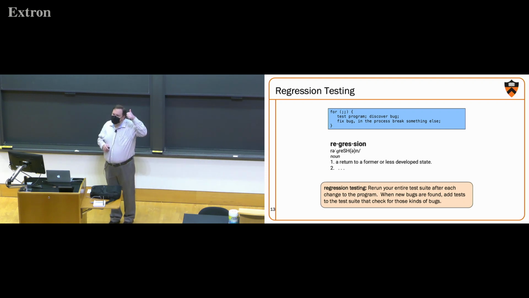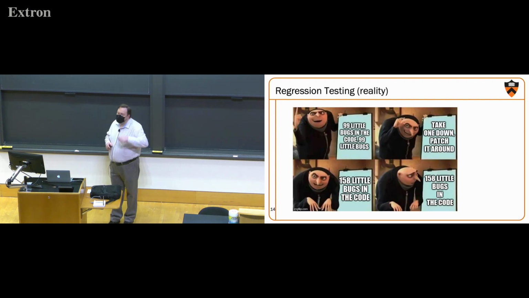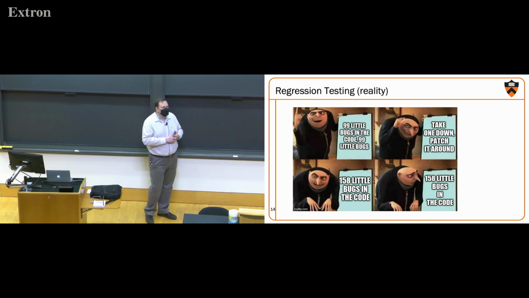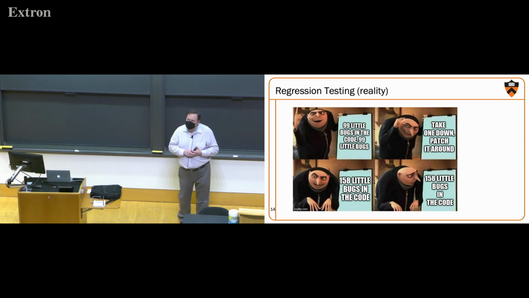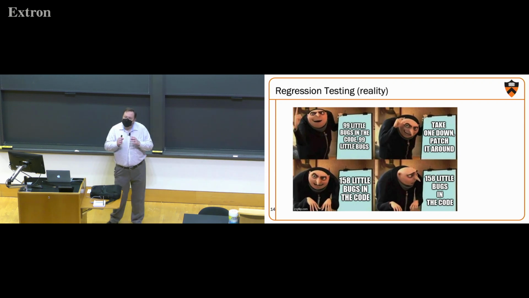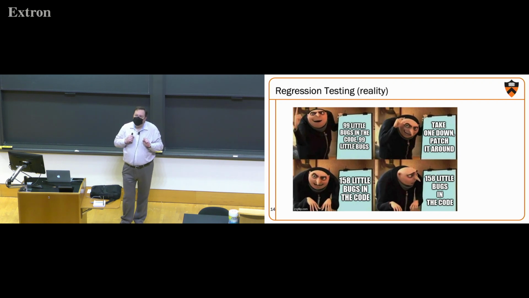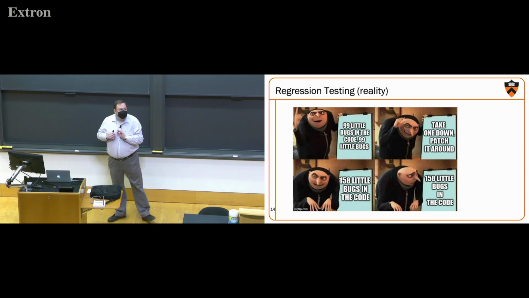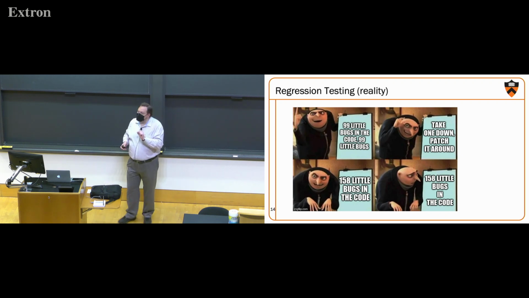Because if you don't do this, you get into the situation that every time you make a change to the code, you introduce new bugs. Okay, so regression testing is very important just to make sure that you know, whenever you've made a change, that you are making forward progress, not backwards.